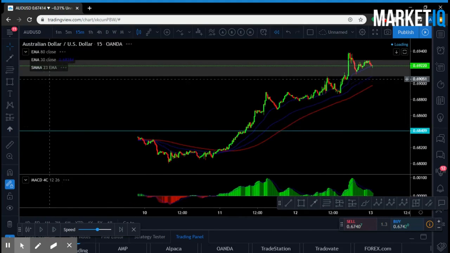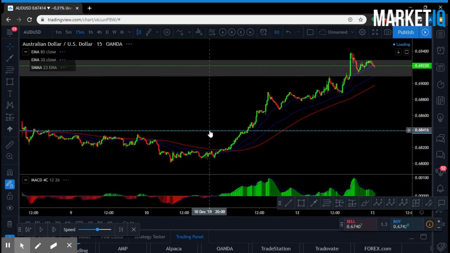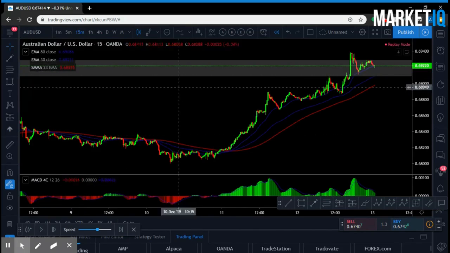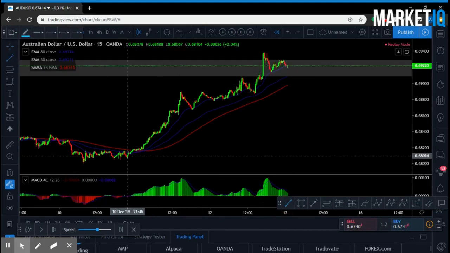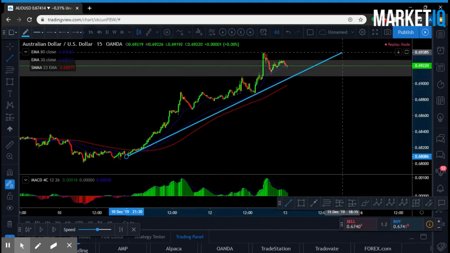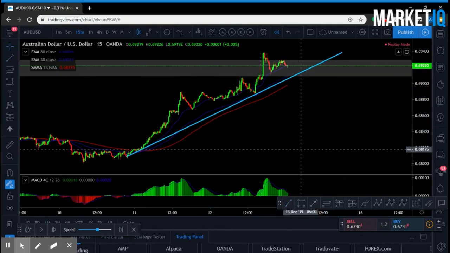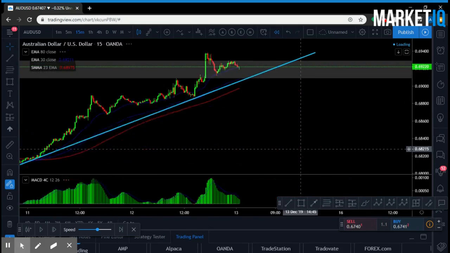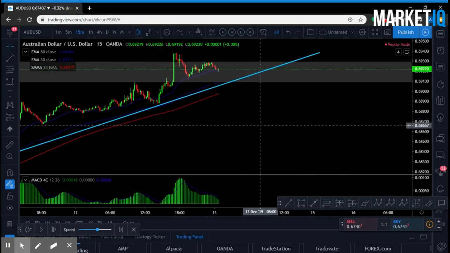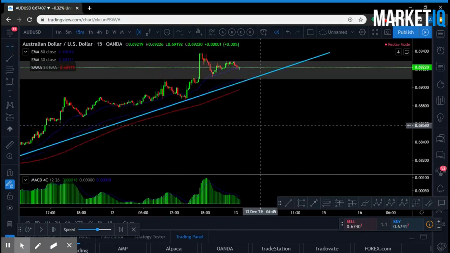So you've got this zone marked up. You've got price in an uptrend. We've got all these things happening here. So let's pretend that you're a support and resistance trader, breakout trader, whatever you want to call it.